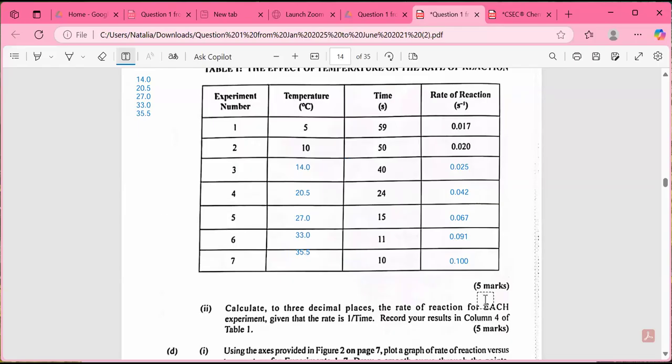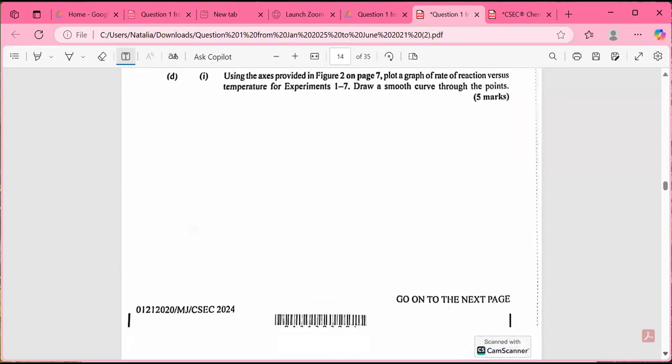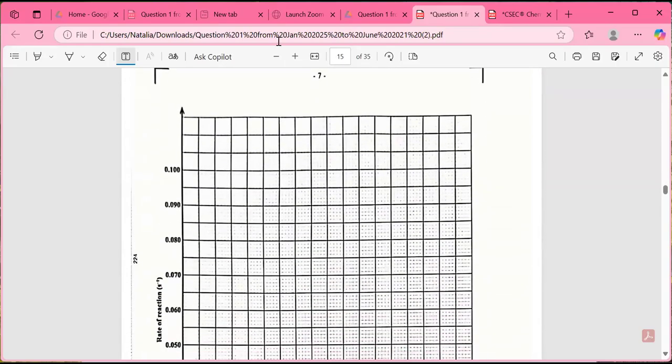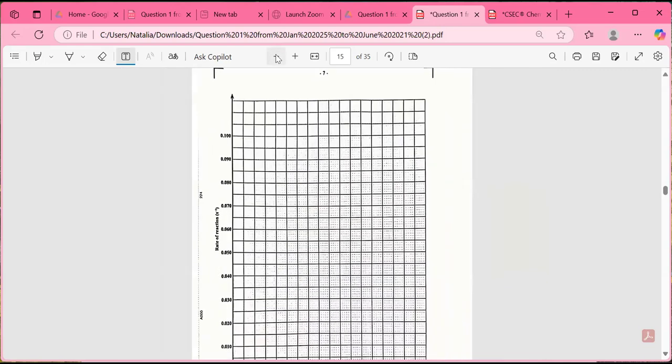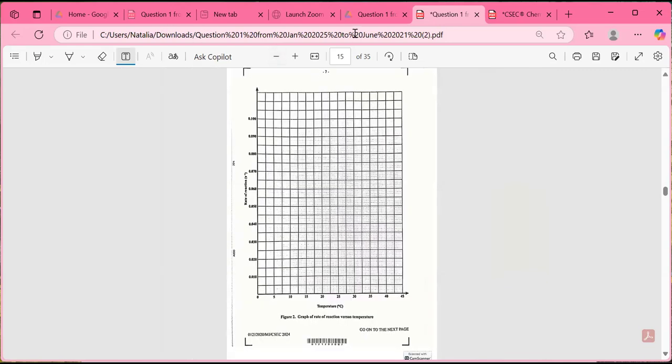We have the data, we have the information from the table. Okay, so this is the scale. I'm going to zoom in a little so you can copy the scale. Let's get it.